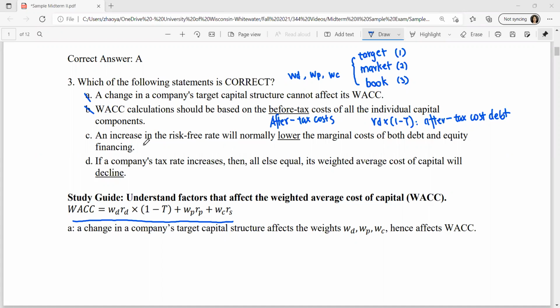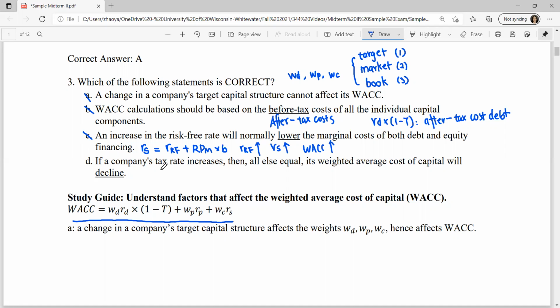And the equity financing cost will be RS equals risk-free rate plus market risk premium times beta. As the risk-free rate increases, RS will also increase. So the weighted average cost of capital will also increase. So we rule out C.